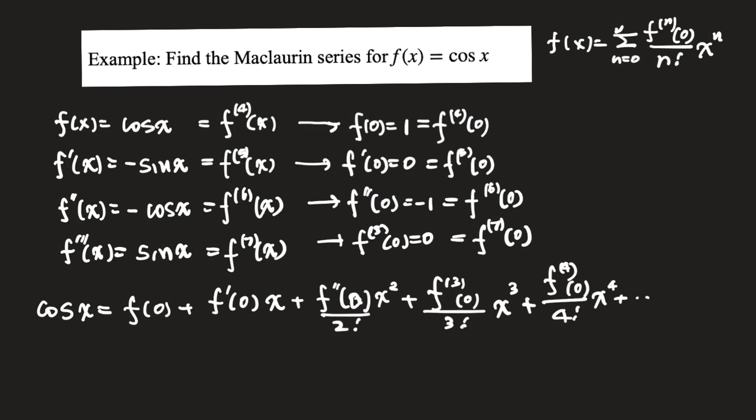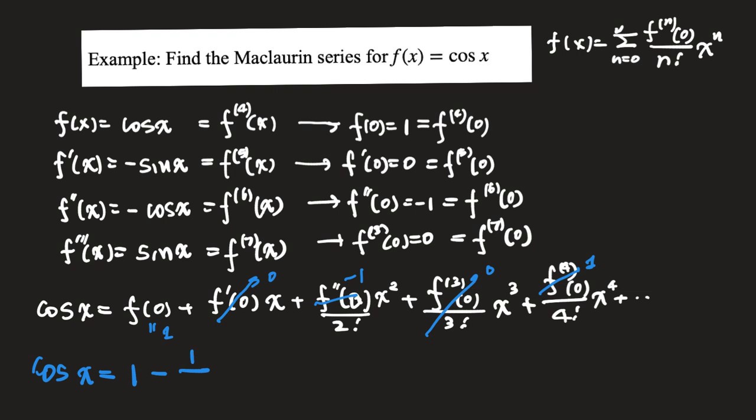Let's plug in the values: this value is 1, this value is 0, this value is negative 1, this is 0, and the fourth derivative is 1.